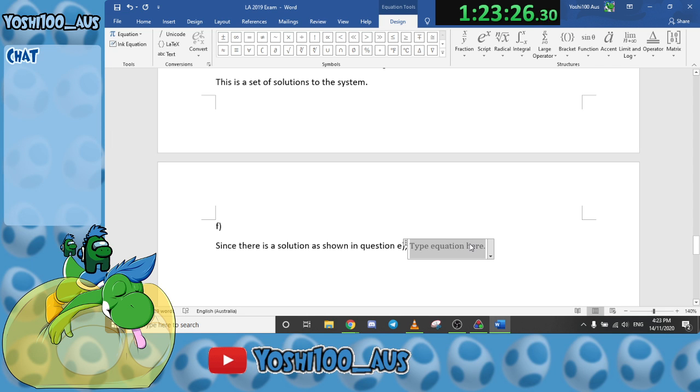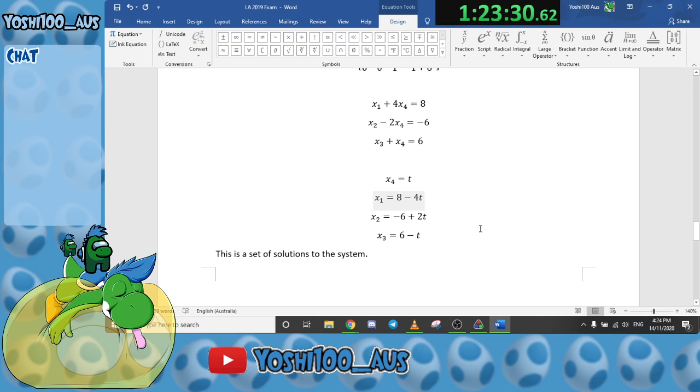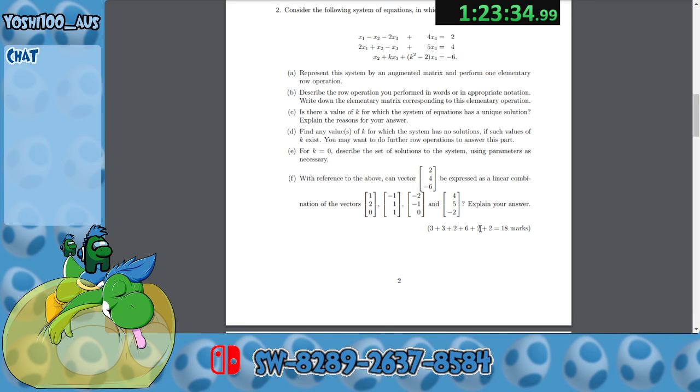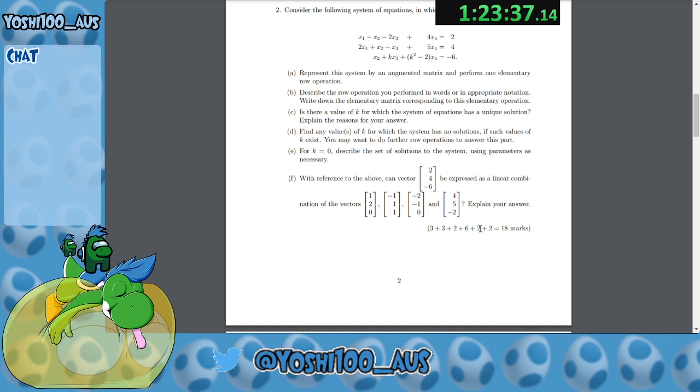Hold on. What your system says is x1 times 1, 2, 0, x2 times minus 1, 1, 1, and so on equals 2, 4, minus 6. Gotcha, gotcha. Even if expressed by a parameter.